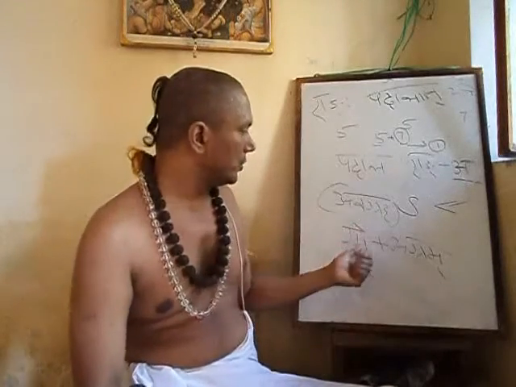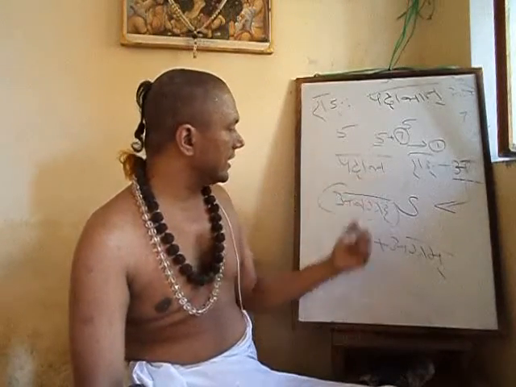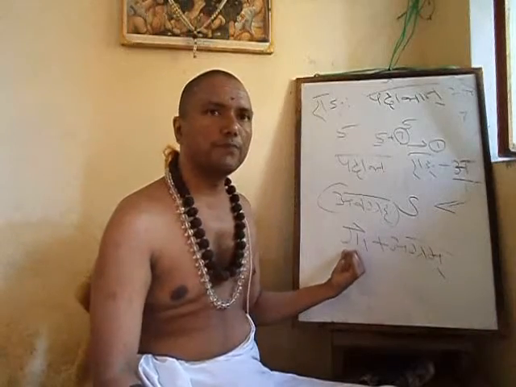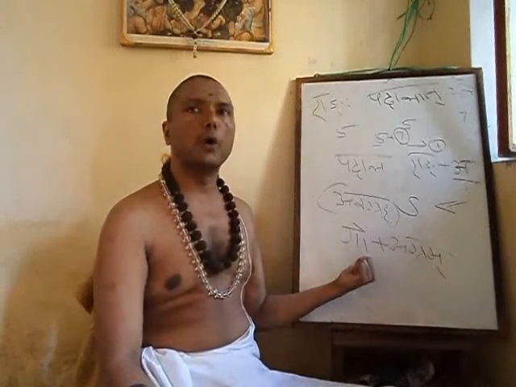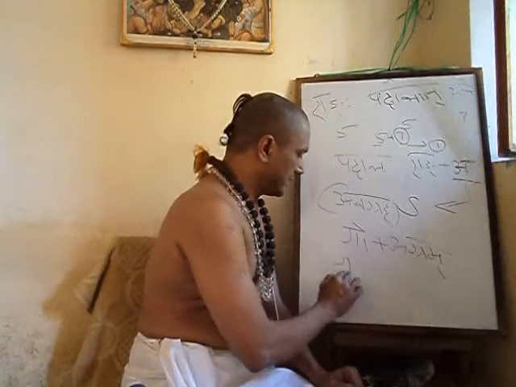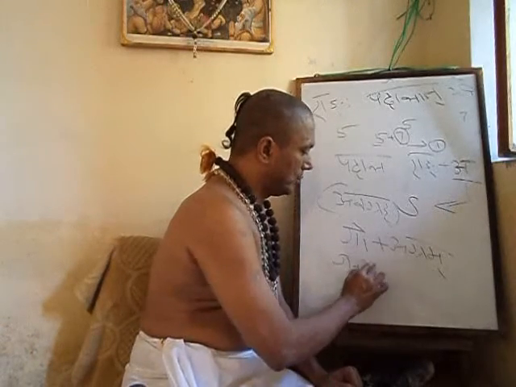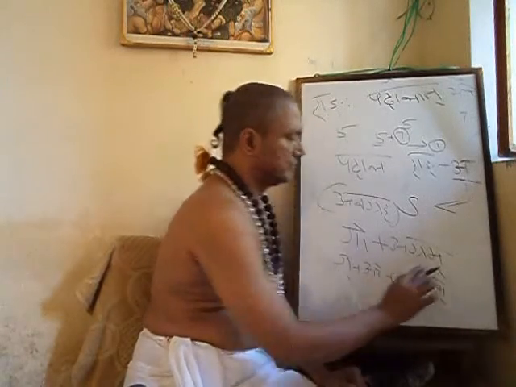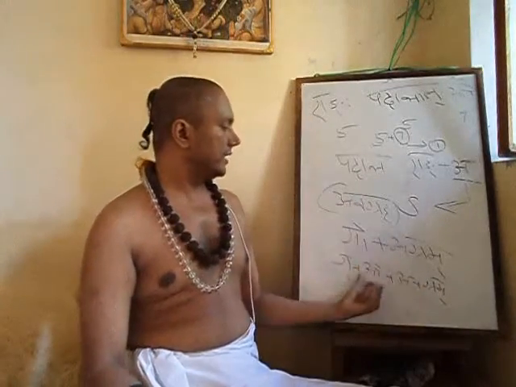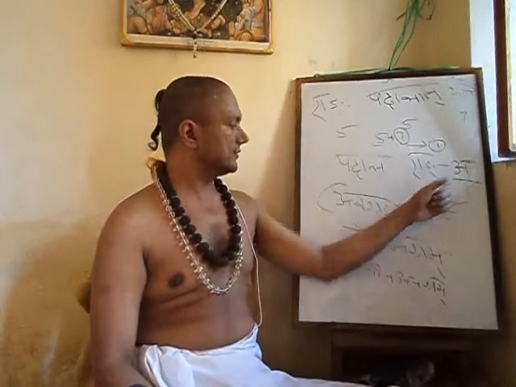Okay. Now go, the pada is go. In the padanta you have eng, o. So gakara plus o plus a plus gram. Padanta eng you have, and that is followed by a.